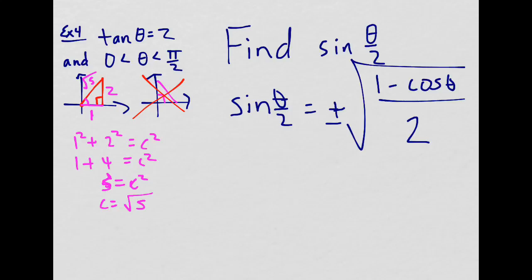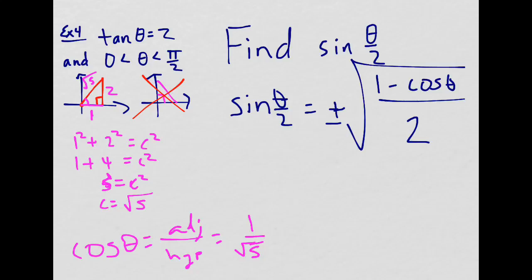So using SOHCAHTOA, what is the cosine of theta? It's adjacent over hypotenuse, which is what? 1 over the square root of 5. Right?